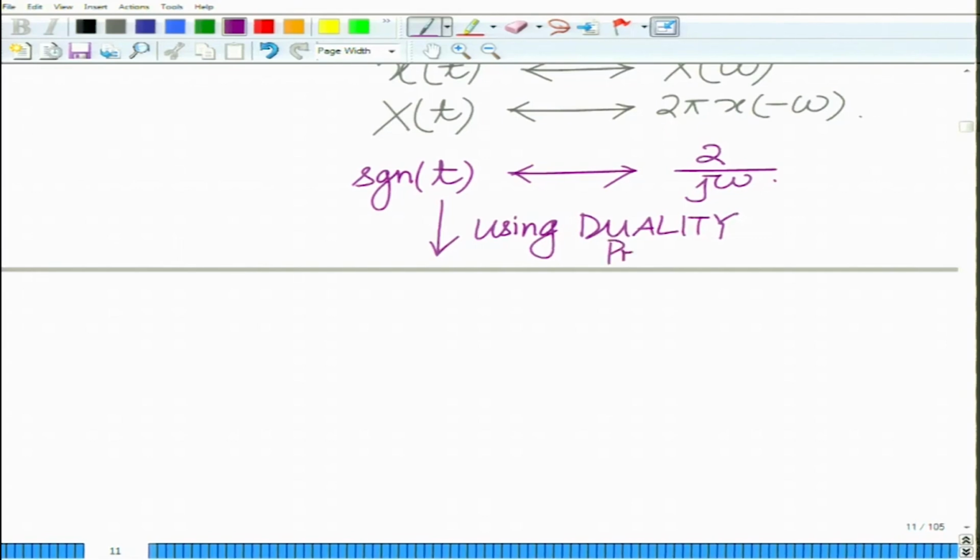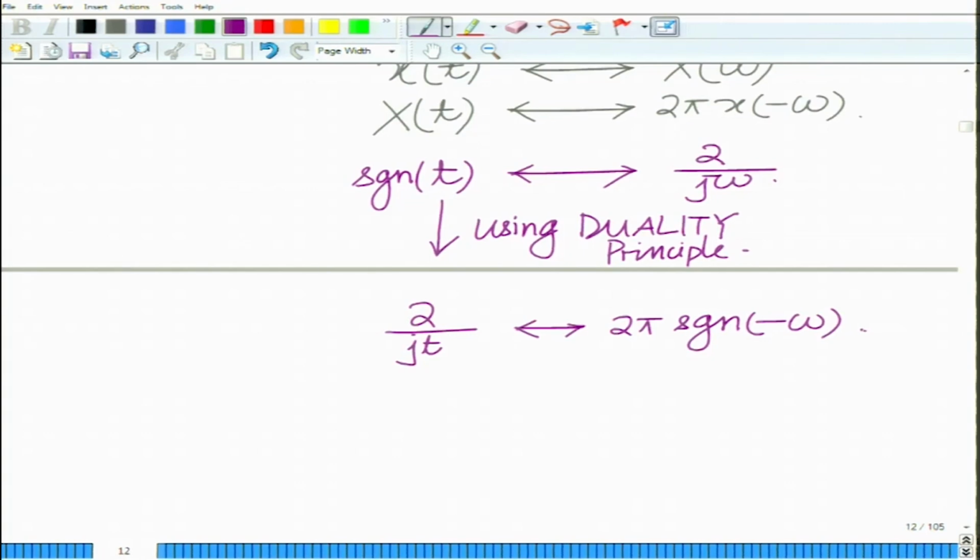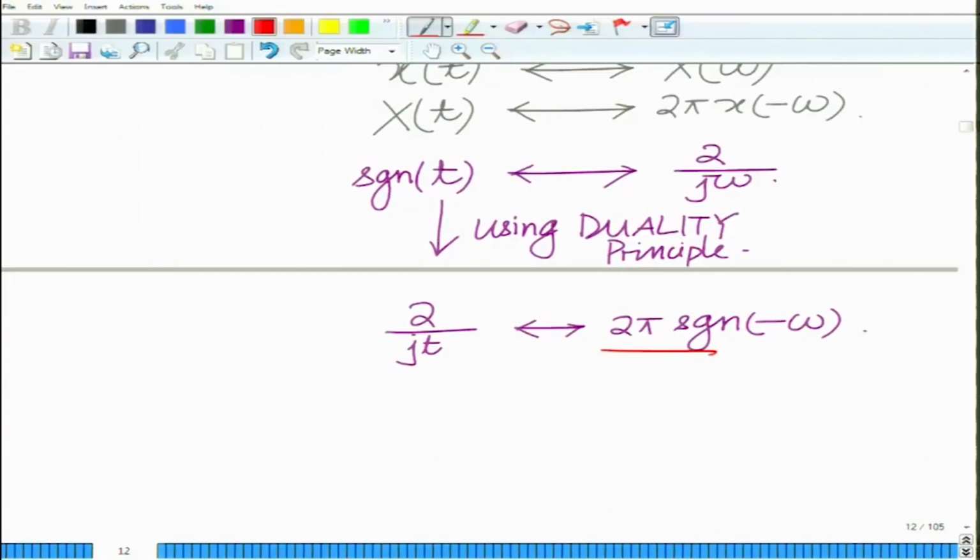Using the duality principle, 2 over j t has Fourier transform 2 pi sgn of minus omega. But realize sgn is an odd function, therefore sgn of minus omega is minus sgn of omega.